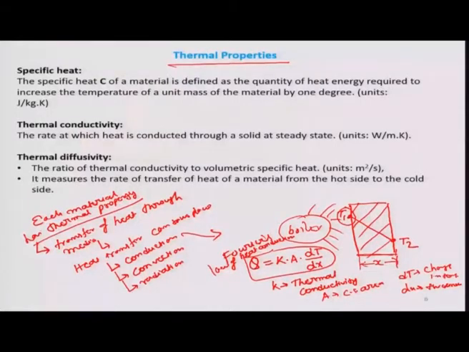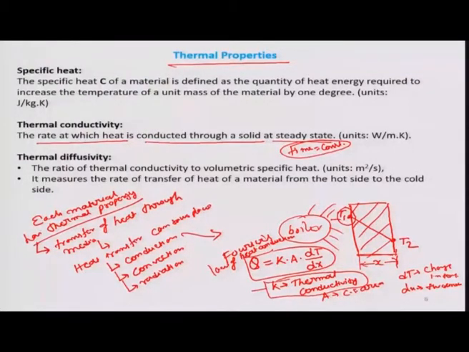Okay. Thermal conductivity is a property of a material, and it is defined as the rate at which heat is conducted through a solid at steady state. Steady state means the time is constant. Okay.